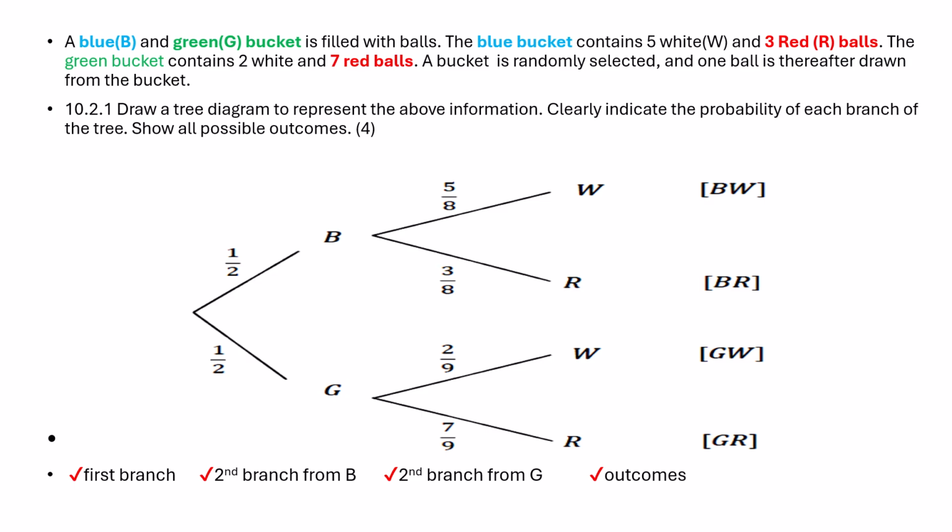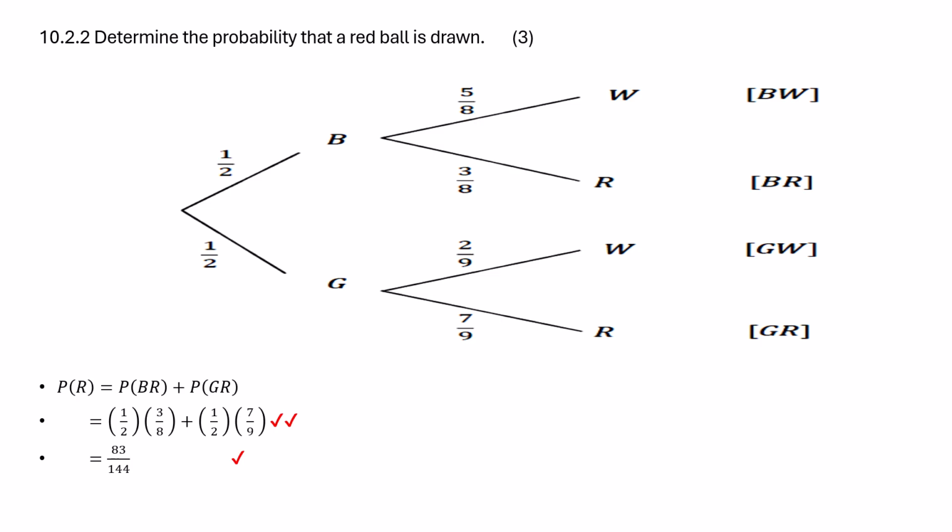Right, now let's look at the other questions that follow. Determine the probability that a red ball is thrown. I can select from the blue bucket and select red, or I can select from the green bucket and select red.